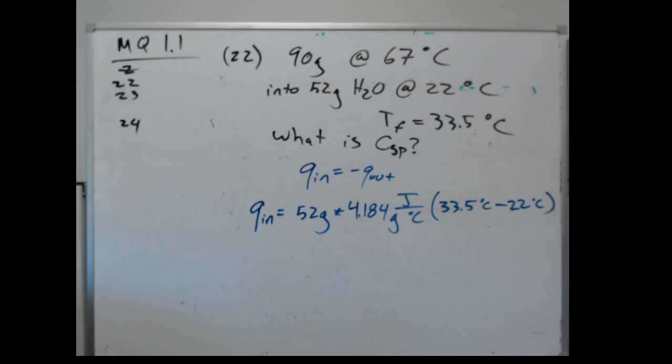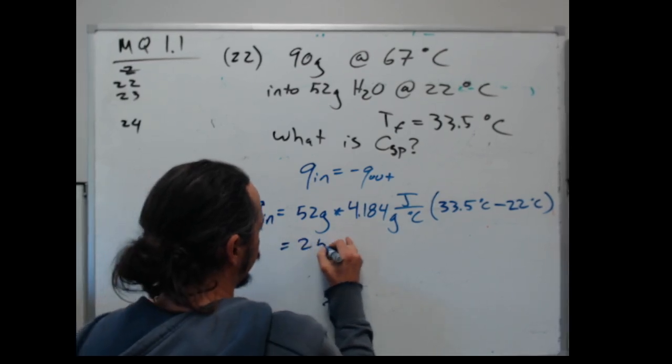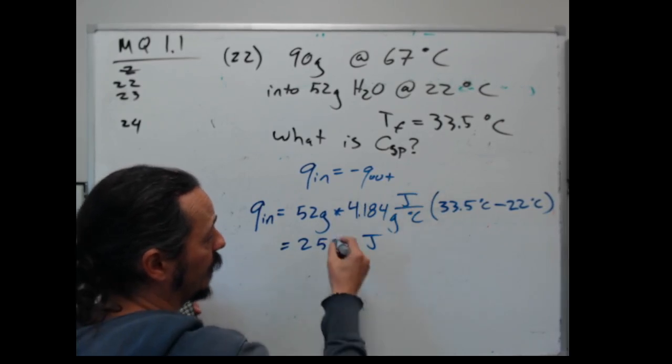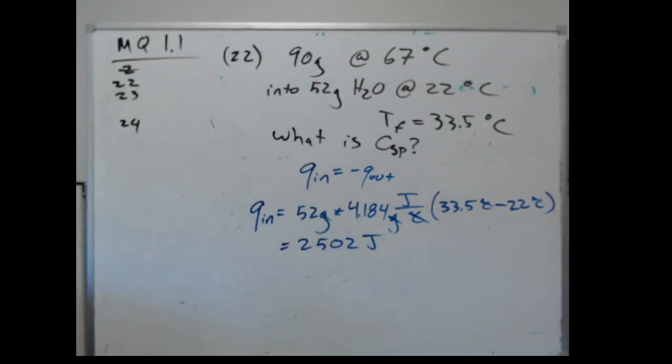But double check my calculation. I got 2,502, again in units of joules, because the grams cancel and degrees Celsius cancel. Yeah, I got the same thing. Great, so that is the energy going in.